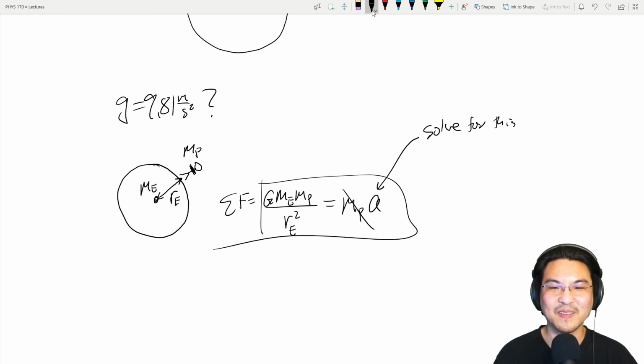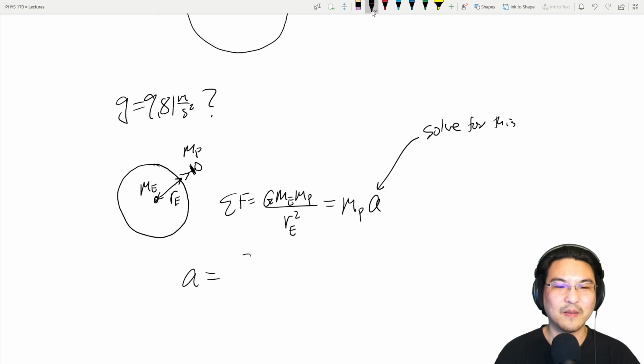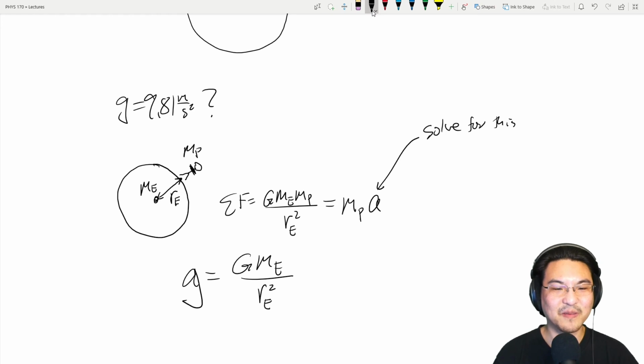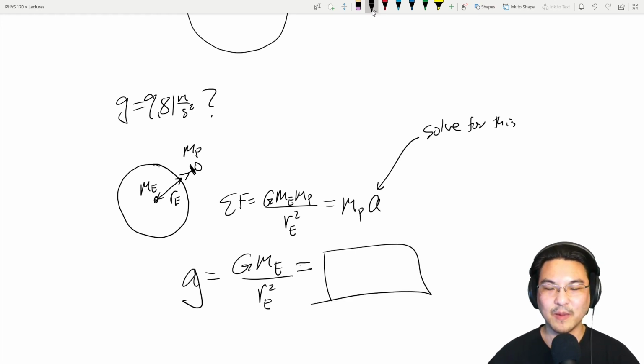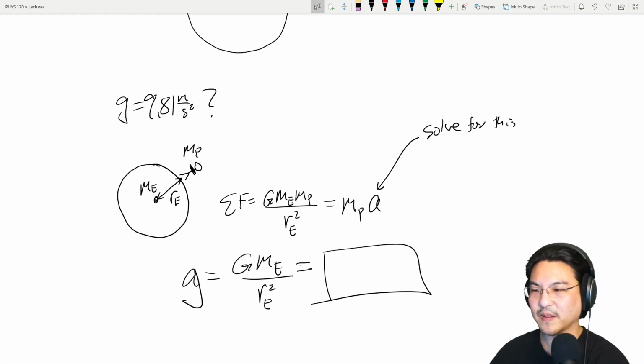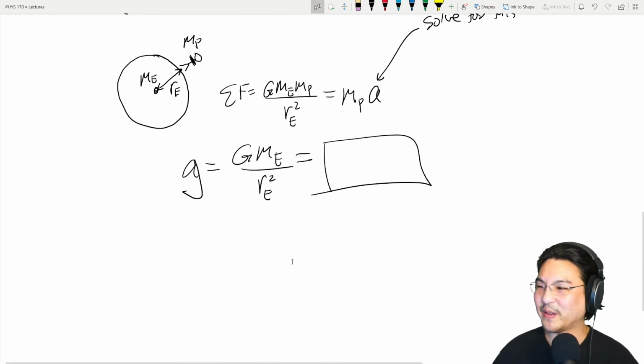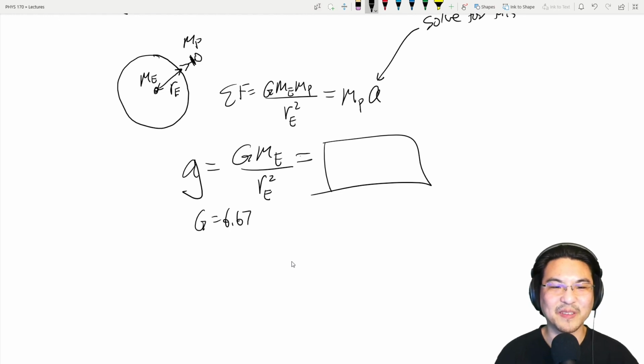Give it a try. This mass cancels here, so you basically have G, mass of the Earth, over the radius of the Earth squared. And this is what we call g. See what you get here. I can never remember the values, but if I look them up, G is 6.67 times 10 to the minus 11.